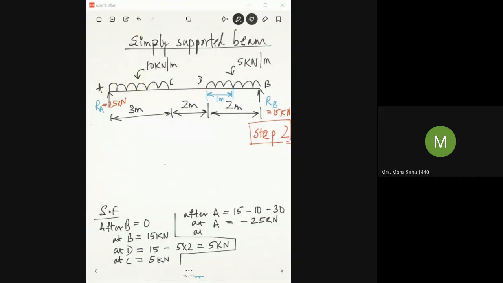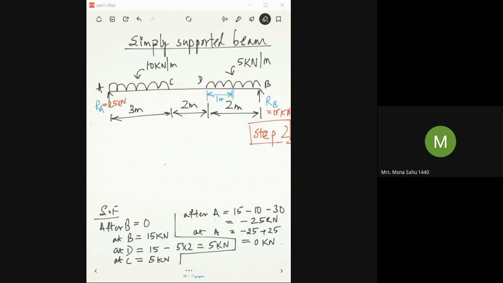Okay. So at A, it's going to be minus 25 plus 25. So it is 0 kilonewton. Clear? If you have any doubts, please let me know. We'll draw the shear force diagram now.